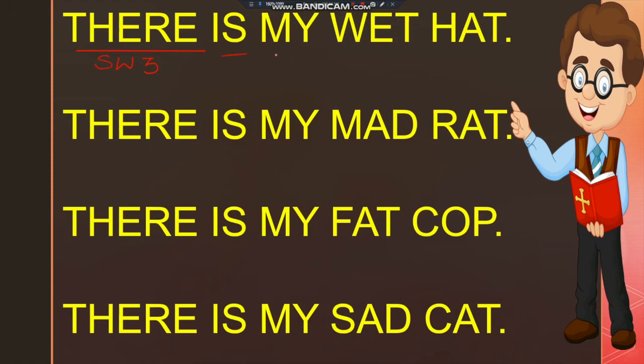There is my wet hat. Wet. Hat. This is the middle sound of E. I have also shared a video on the middle sound of E. If you have any problem, please go and take a look at the middle sound of E video, the blending sound of E. There is my wet hat.